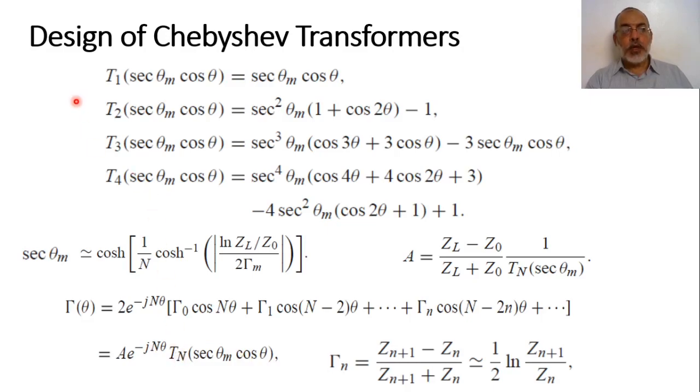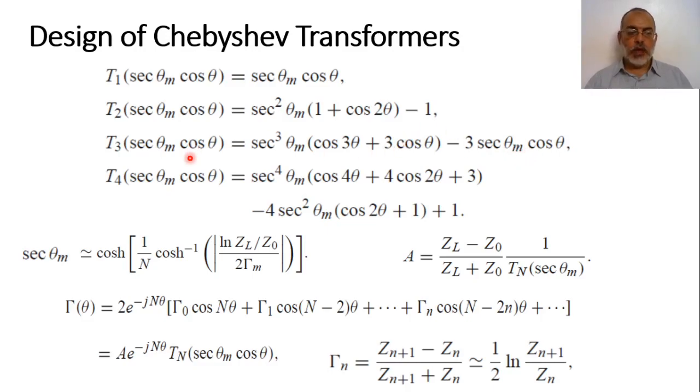The Chebyshev polynomial, as we have seen in the previous video, can be presented in the form of a series of cosine n theta. So T1 of sec theta maximum cosine theta is sec theta maximum cosine theta. T2 is sec squared theta maximum multiplied by 1 plus cosine 2 theta, minus 1. T3 is sec cubed theta maximum multiplied by cosine 3 theta plus 3 cosine theta, minus 3 sec theta maximum cosine theta, and so on.